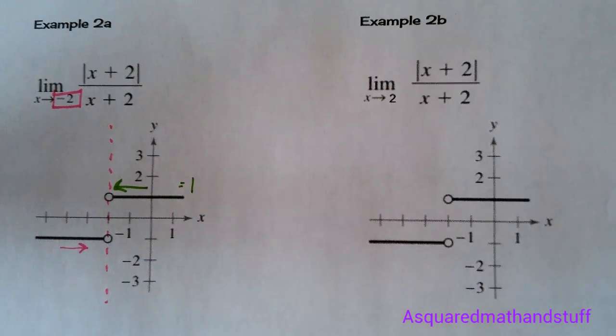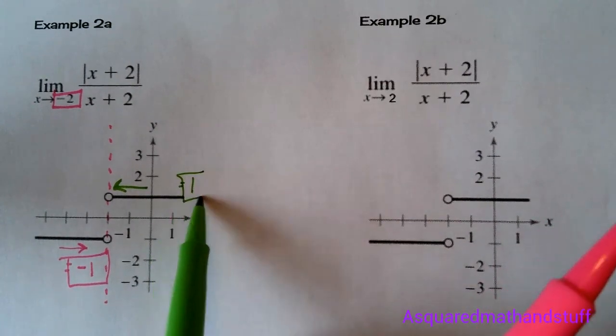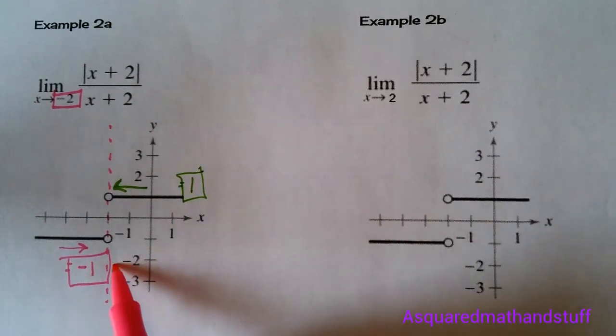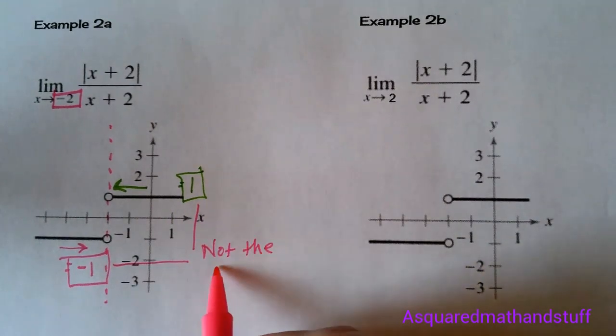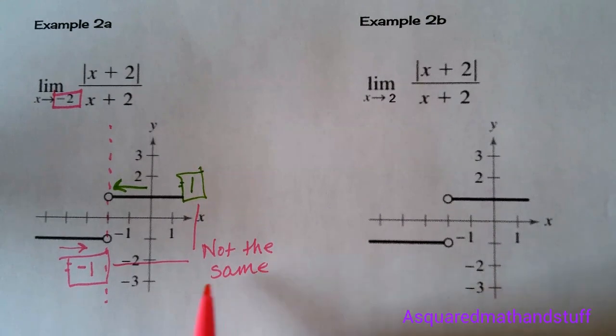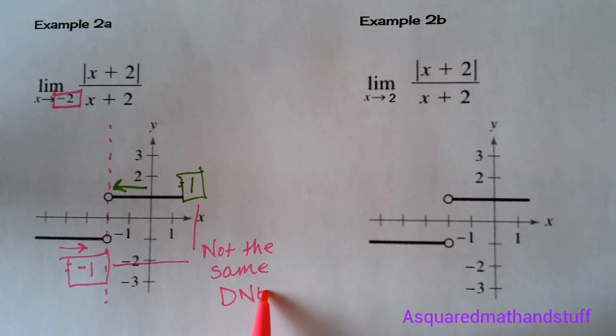That's our y value. Coming in from the right, the limit is equal to -1. Because these values are not the same, the limit does not exist. Therefore, the limit does not exist.